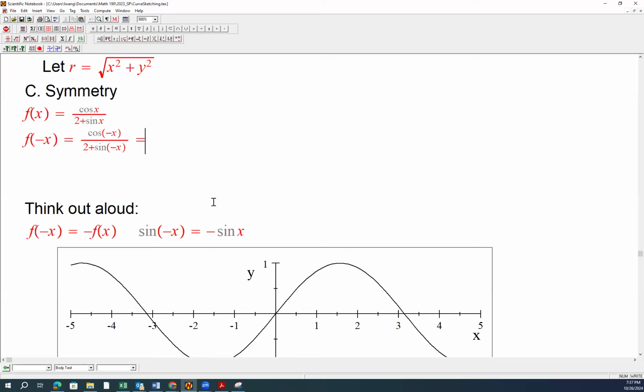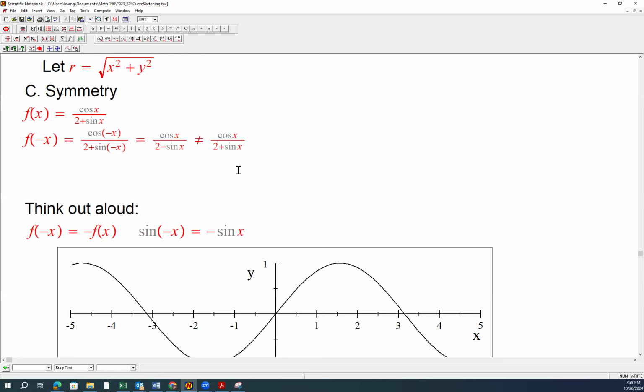Cosine is even, so cosine of negative x is cosine x, but in the denominator 2 plus sine of negative x is 2 minus sine x. So obviously this is not equal to f of x.